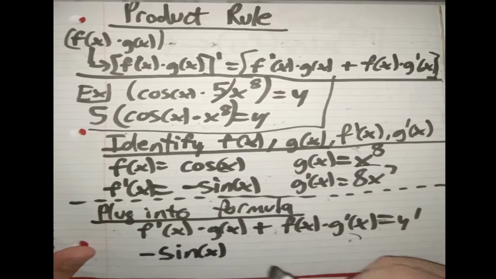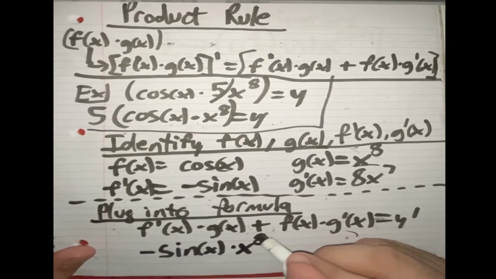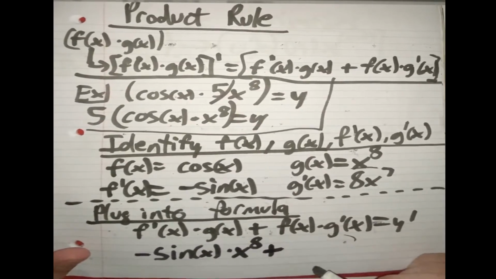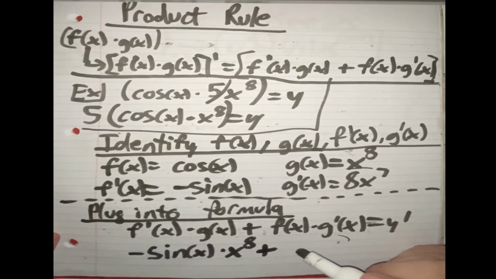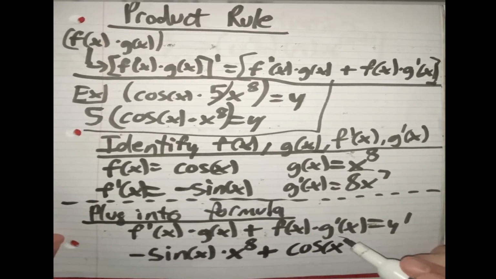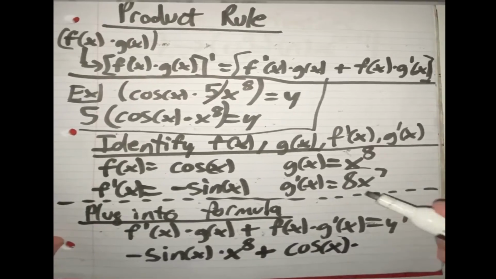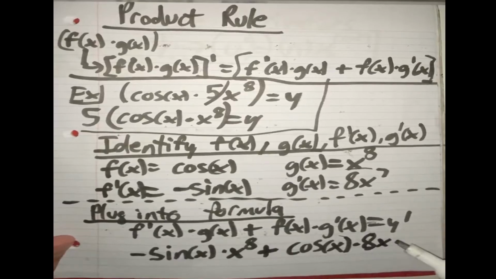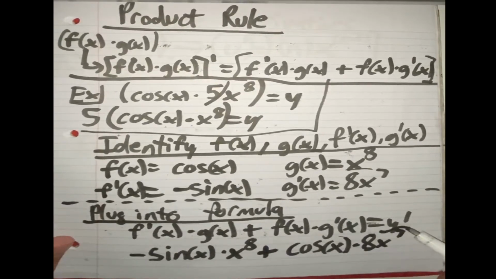Our g of x is just x to the 8th power, plus the f of x, which is just cosine of x, times g prime of x. Our g prime of x is 8x to the 7th. I'm going to just put a little line right here.